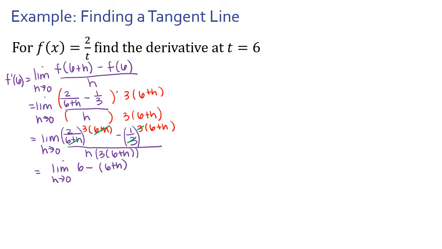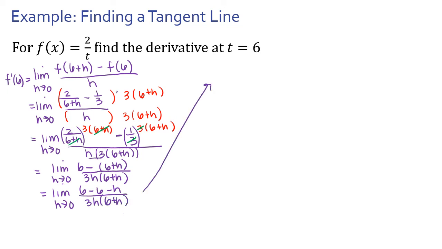So I have to remember that this negative applies to the entire quantity 6 plus h. And then again, that's all over 3h times 6 plus h. I'm just going to combine these two. Okay, so now when I go to simplify this out, let's distribute that negative sign through. So I'm going to be left with 6 minus 6 minus h all over 3h times 6 plus h.